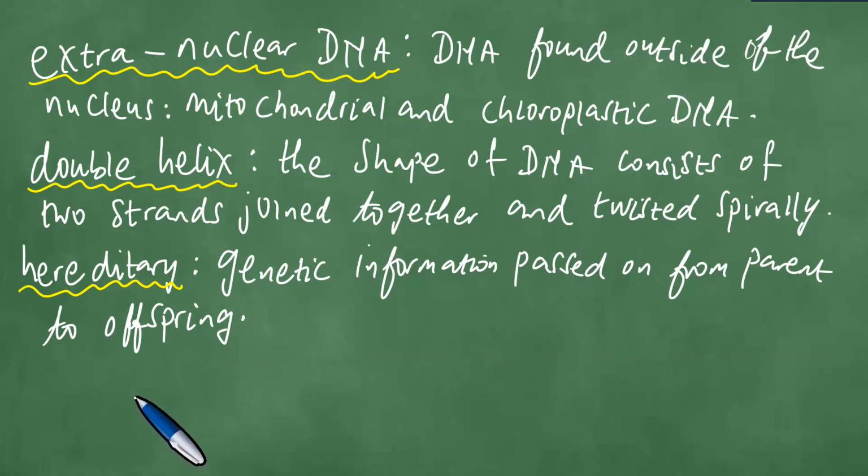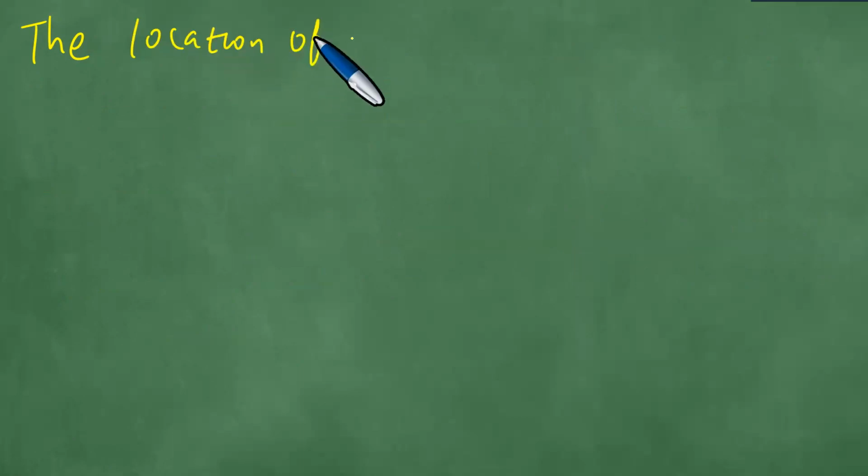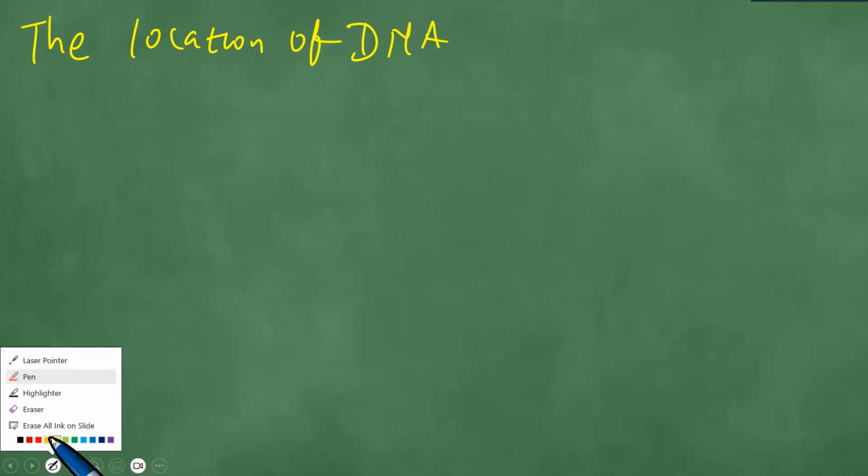Now we answer the question, where is the DNA actually? Where do we find it? Where is the DNA located? So here we speak about the location of DNA. Is it in the leg? Is it in the eye? Is it in the arm?